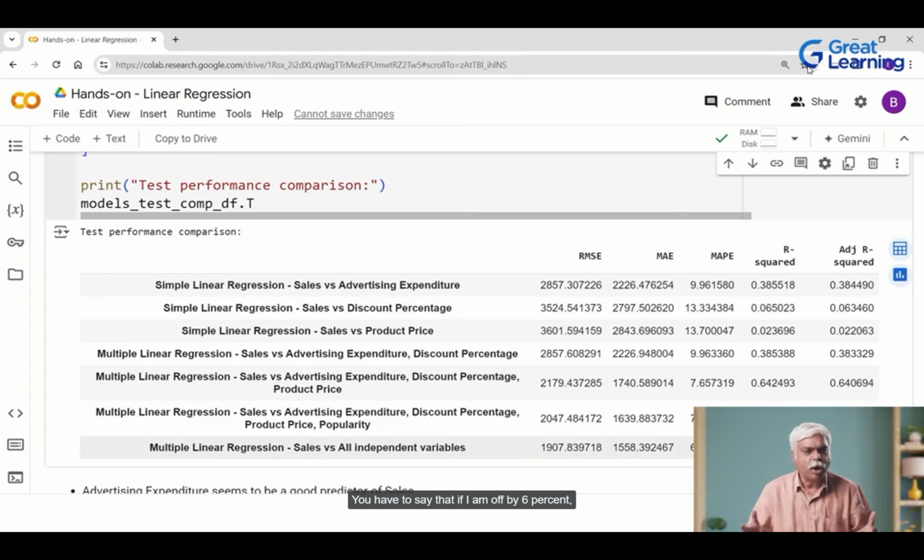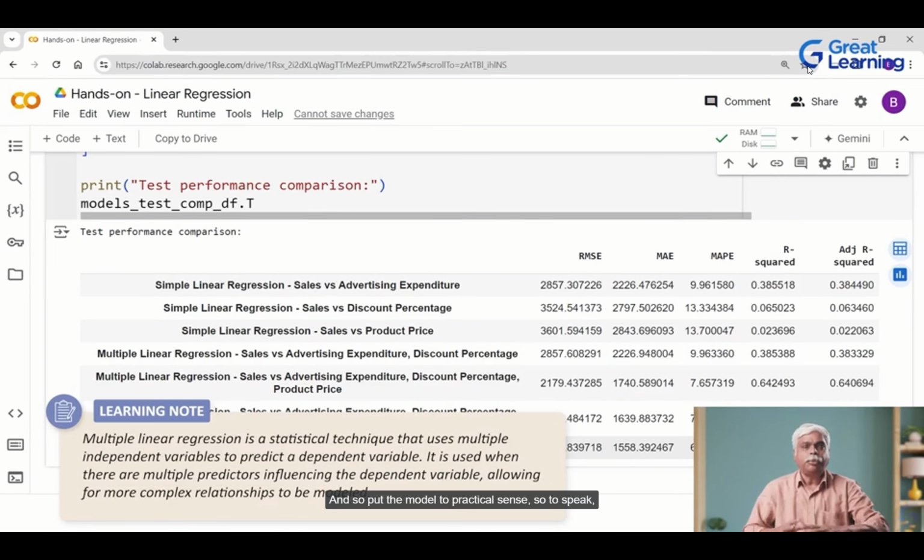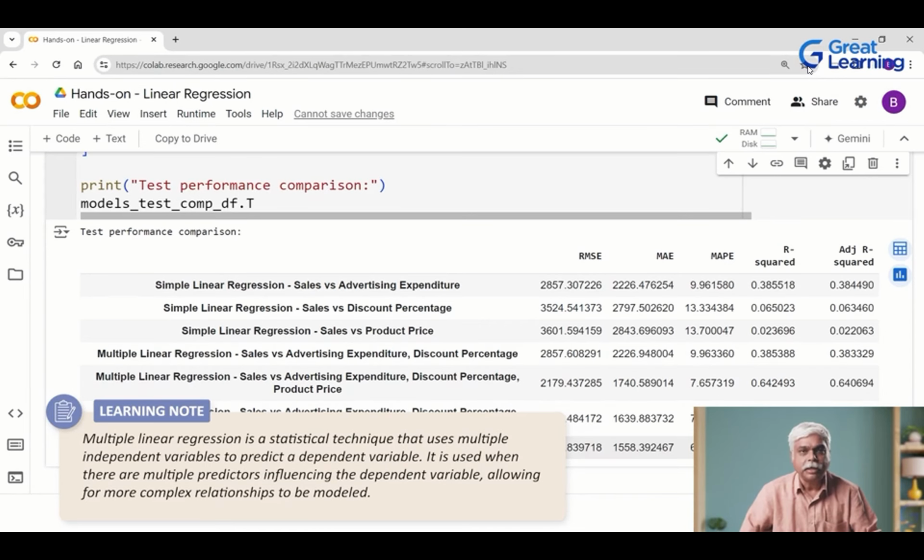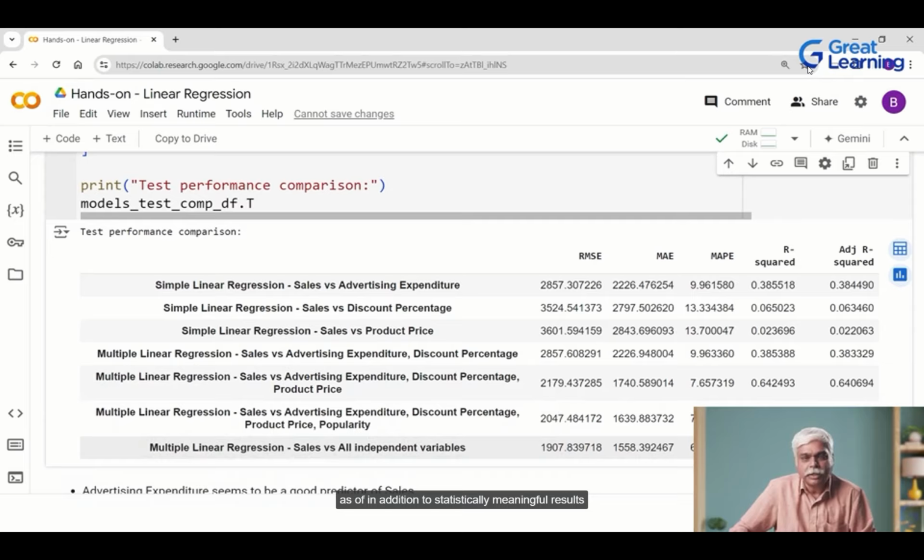If I am off by 6%, 7% on my sales forecast, what are the implications of that? What if I underestimate by 6% or overestimate by 7%? Work through that and see, therefore, is this model good enough or not? And so, put the model to practical sense, so to speak, in addition to statistically meaningful results.